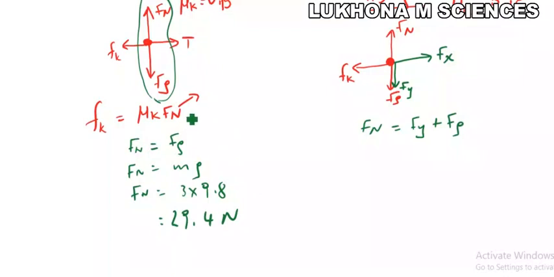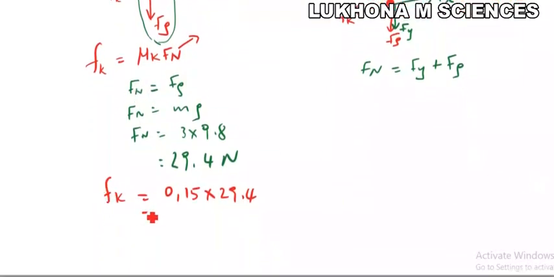This is the normal force. Then we substitute it here. Fk will be equal to 0.15 times the normal force, which is 29.4. Then we get the friction, which is equal to 4.41 newtons.